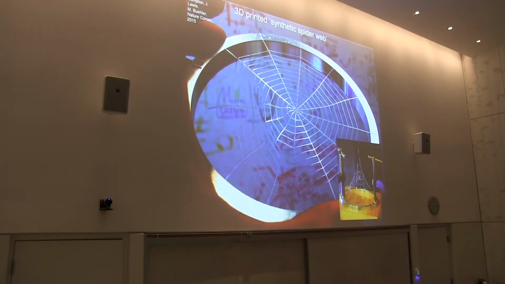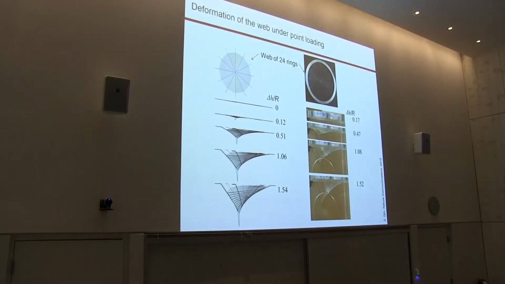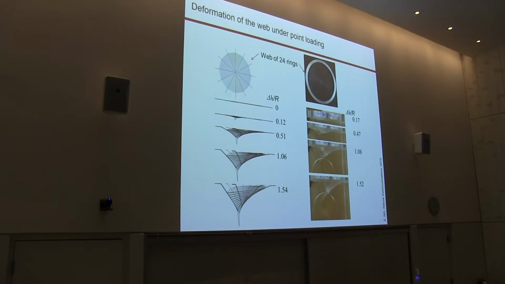Yeah. I can directly apply a loading test on those web structures, and they can get significantly deformed. I can also compare directly between those 3D printed webs and the computational models that I developed.